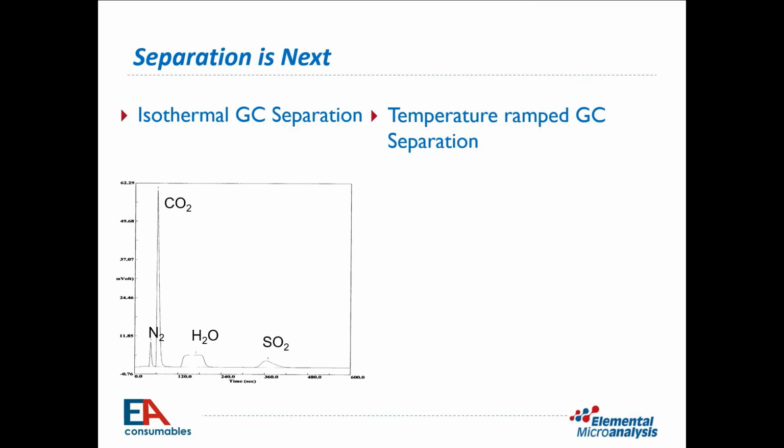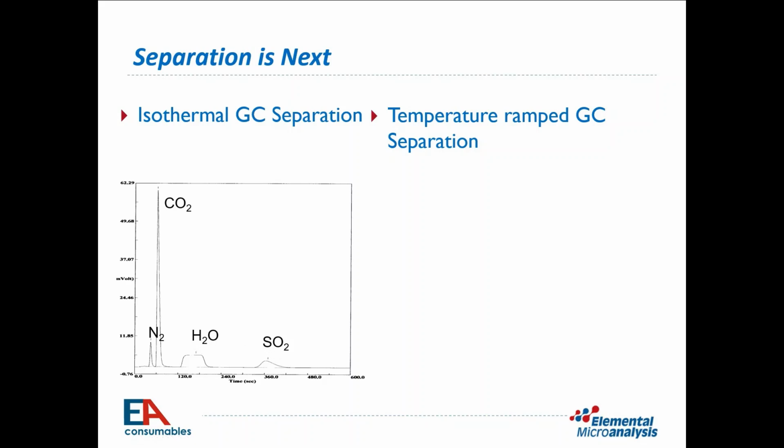The general challenge is to separate the N2 peak from the CO2 peak, and at the same time, not to have the H2O vapor peak or the SO2 peak take too long coming out of the column, which then tends to make them low and broad, which is more difficult to quantitate.